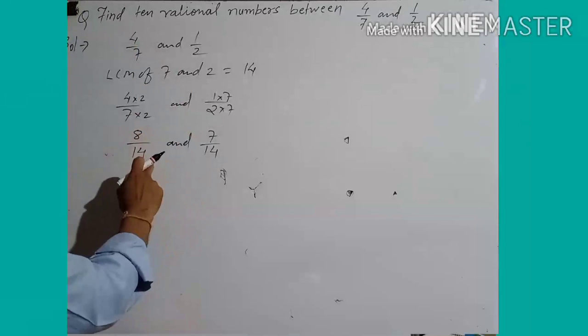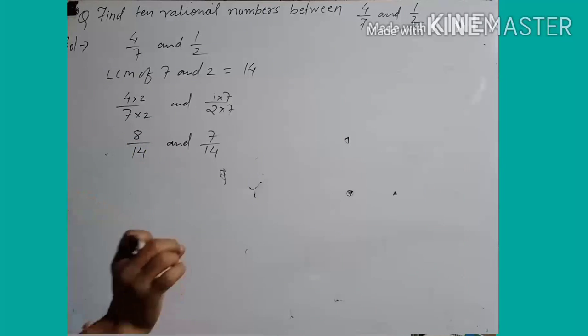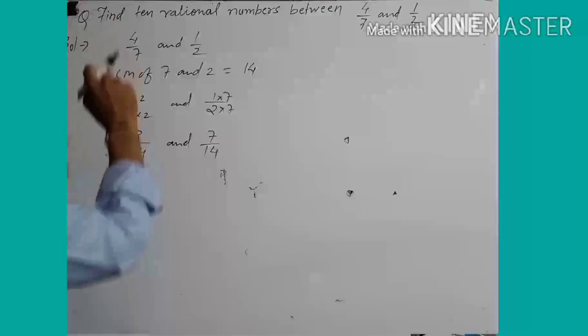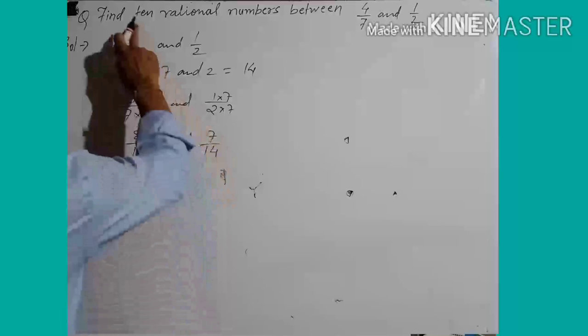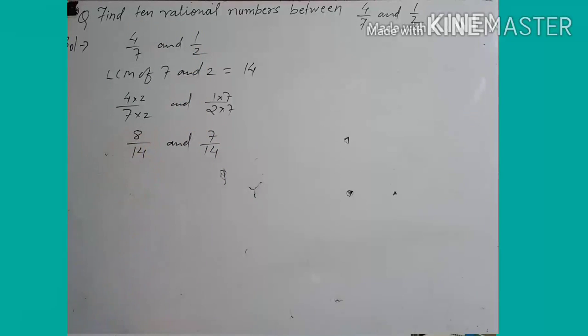If you multiply both by 11, you will get exactly 10 rational numbers. How? 10 plus 1, because we have to find 10. That's why I am multiplying both numerator and denominator by 11.